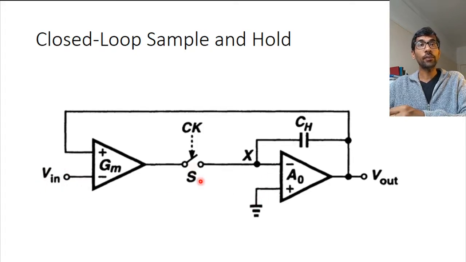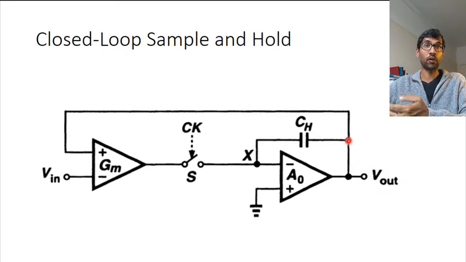Now what happens when this switch is opened in the hold mode? When this switch is open, this op amp no longer is in the circuit, and this voltage here remains 0, right? It remains 0, and this voltage here is just held at whatever the final value was.